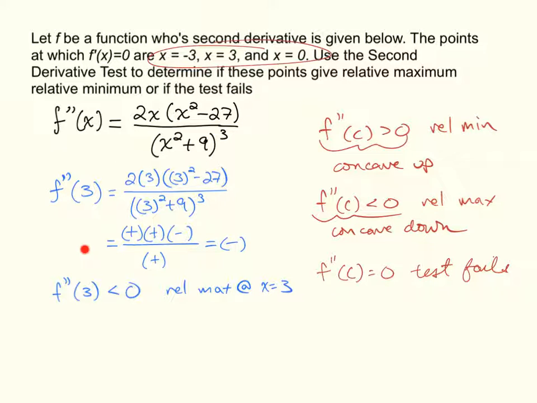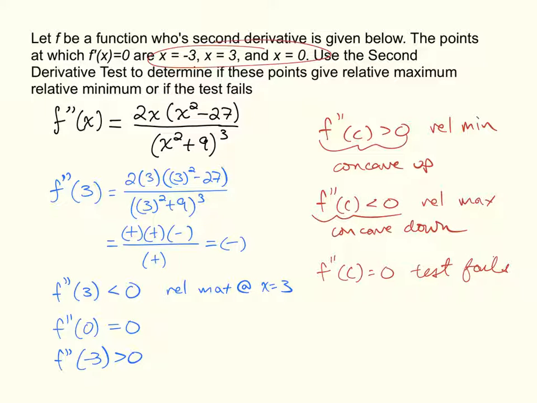And if you follow this same logic for the other two values that are listed up here, 0 and -3, you will see that f double prime of 0 is equal to 0 and f double prime of -3 is bigger than 0.